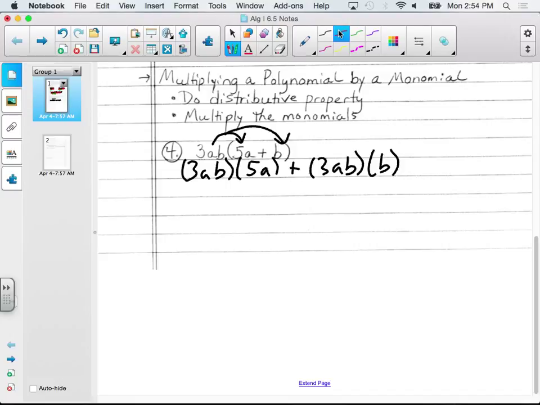Do we just do that up top on our notes? Yes. So do you think you guys can do that one? Just do the first part before the addition sign.